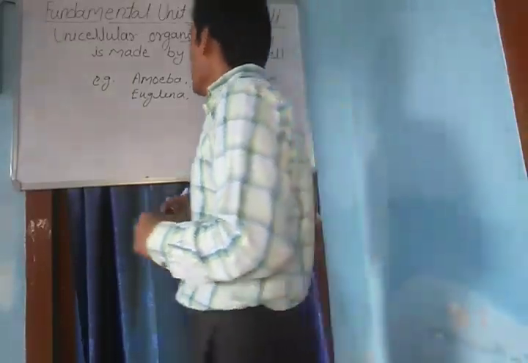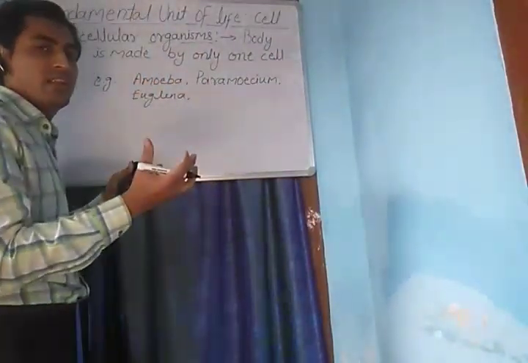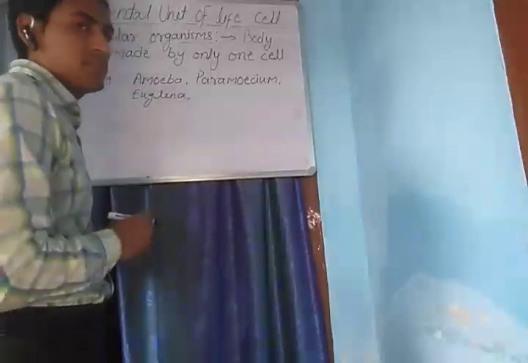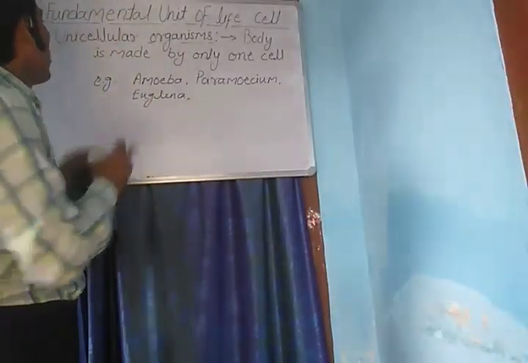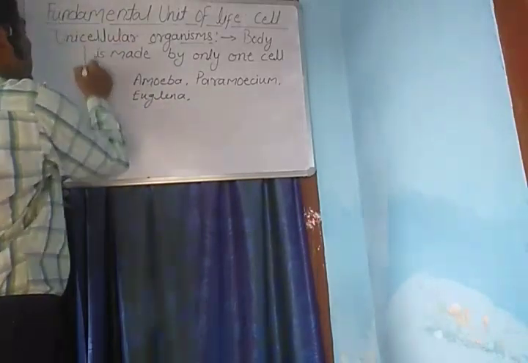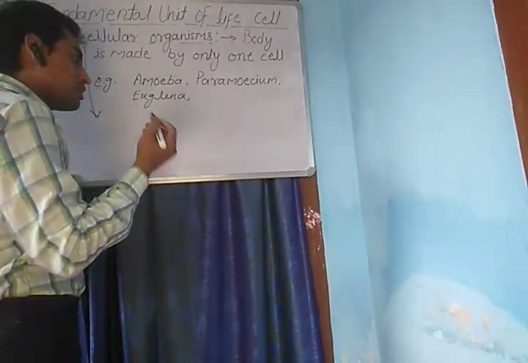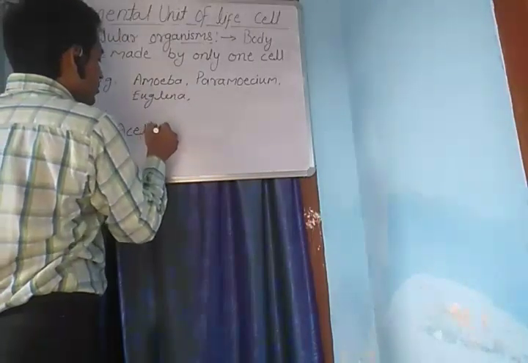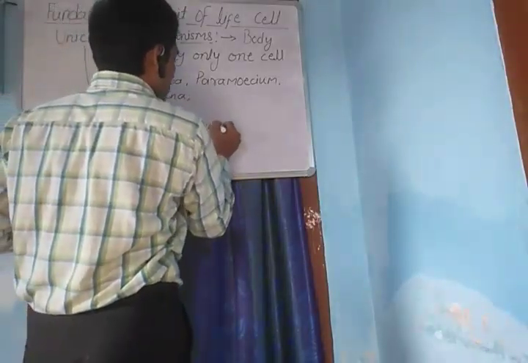A unicellular organism that contains only one cell cannot be divided into more cells or more parts, so unicellular organisms are also called acellular organisms.